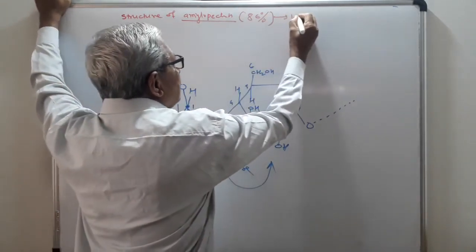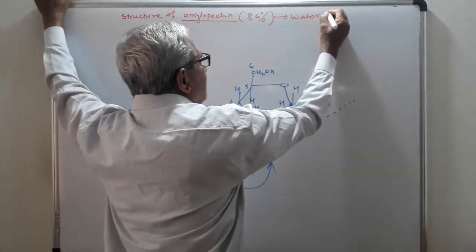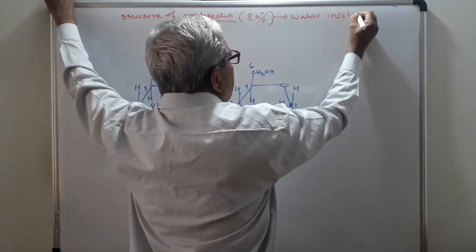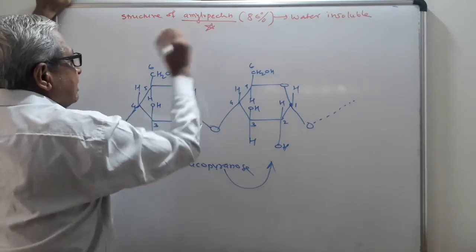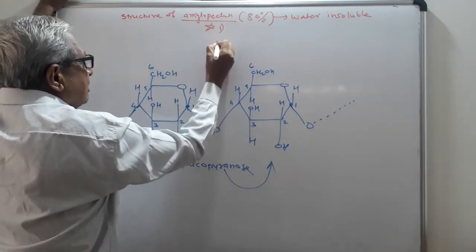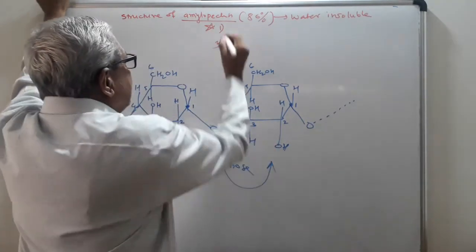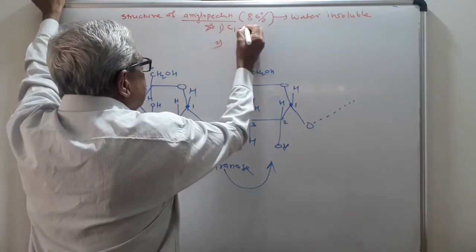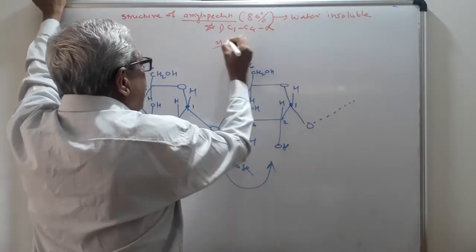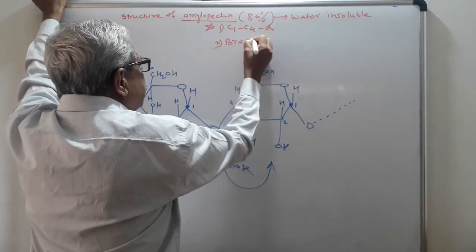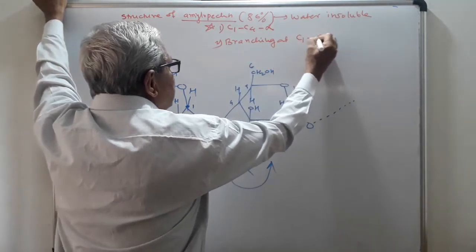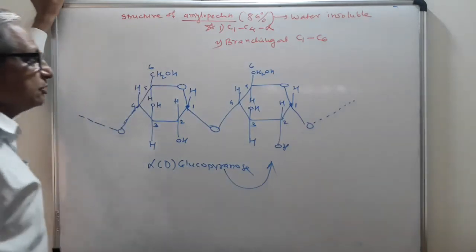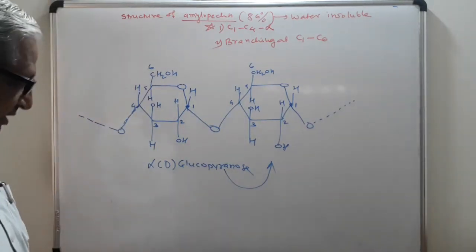It is water insoluble. In this case, you have to remember two points. The first point is that there is a C1 C4 alpha linkage, and branching will be present at C1 C6 of the other units. So these are the important points here.